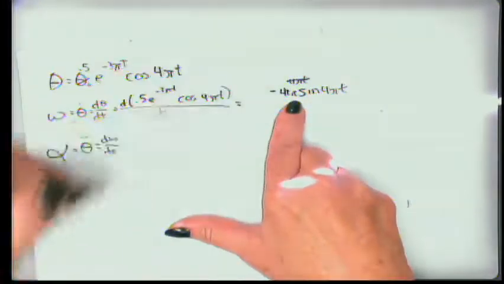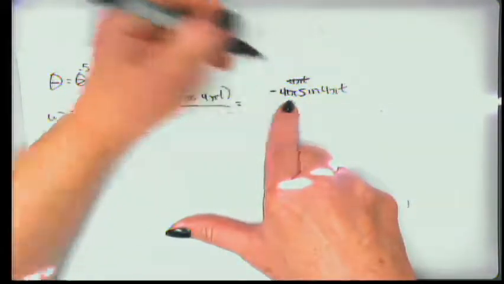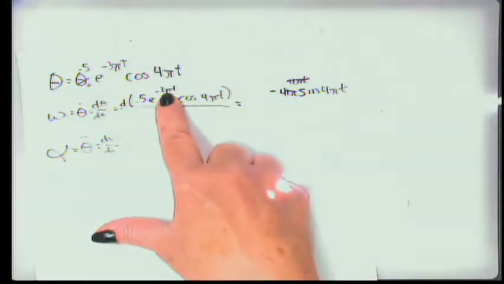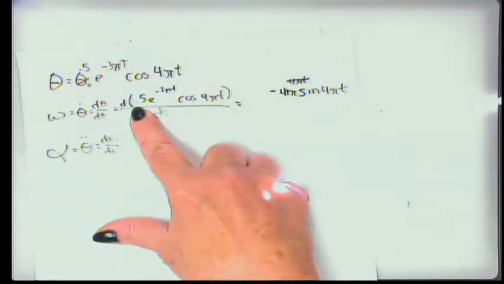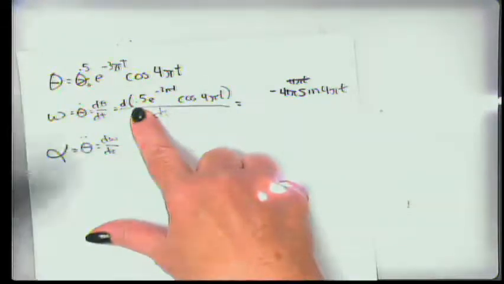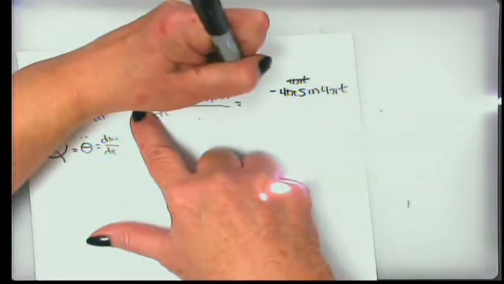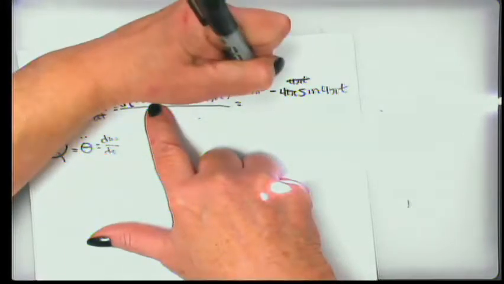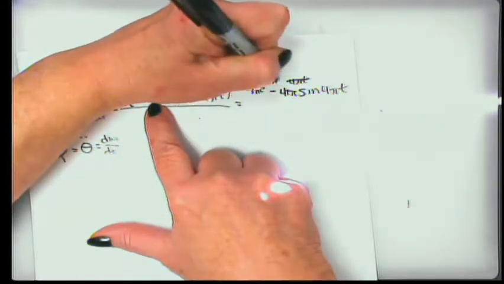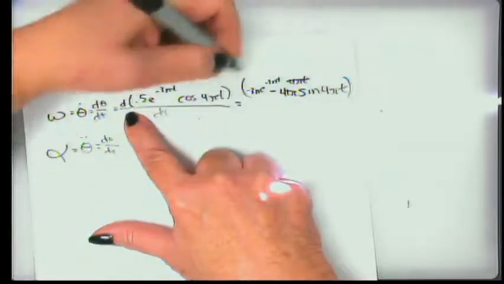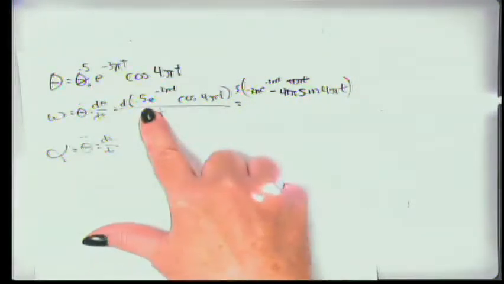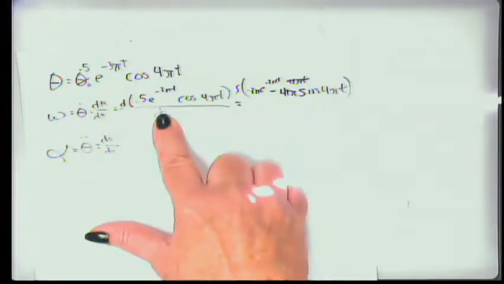Okay, so that looks like that. And then when we differentiate the first, this constant comes out front, so we're going to have a minus 3 pi e to the minus 3 pi t, and that entire thing is going to be multiplied by this, 0.5. All right, so there's my expression for that.